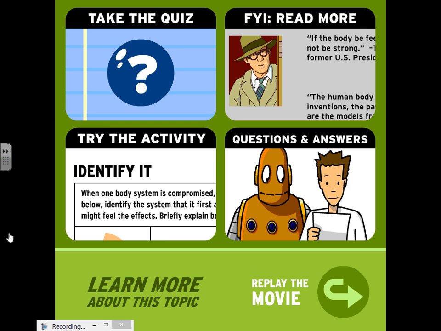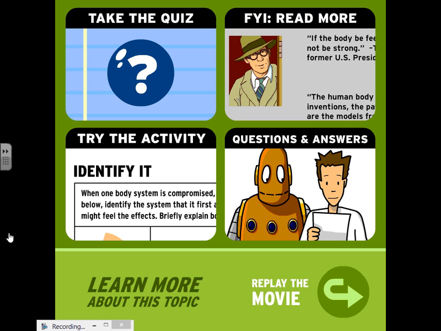Nervous system, skeletal system, immune system, muscular system, reproductive system, digestive system, respiratory system, circulatory system, good. Integumentary system. Urinary system, which is also called the excretory system.